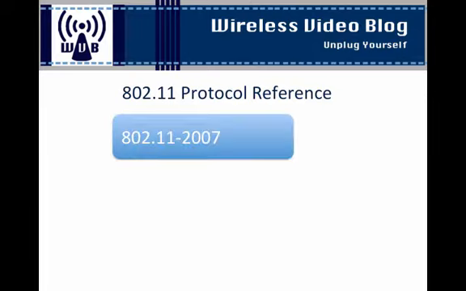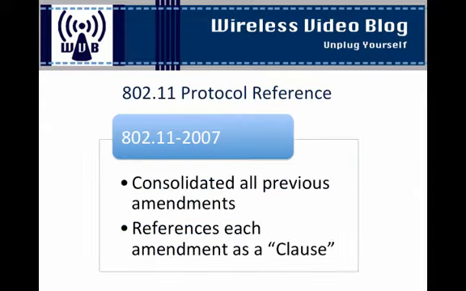So they came up with this 802.11-2007 consolidated amendment, which took all of those previous letter-based amendments, so 802.11a, b, i, g, all of those physical layer protocols and some of the other security protocols and other amendments, and they consolidated them all into this single reference that people could go to.